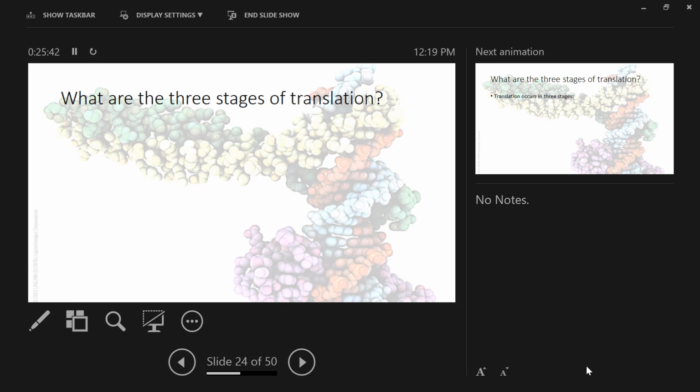And then they have to find the start codon. That's where they run. Next, elongation. Then the ribosome has to bind with the start codon.